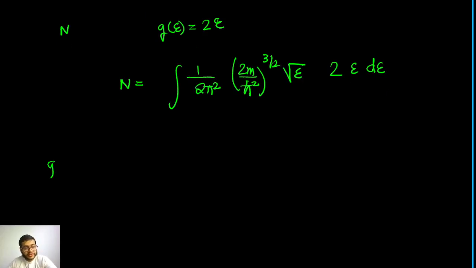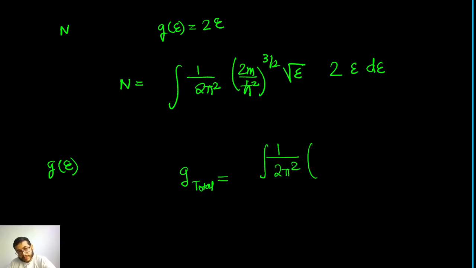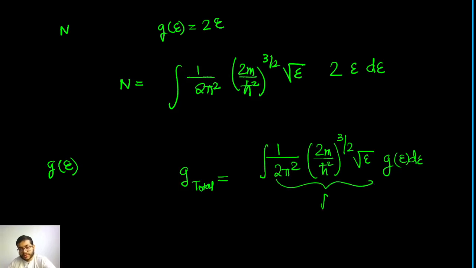So for any energy dependent quantity g(E), the total g will be the integral of rho(E) g(E) dE, and rho(E) is also called the density of states.